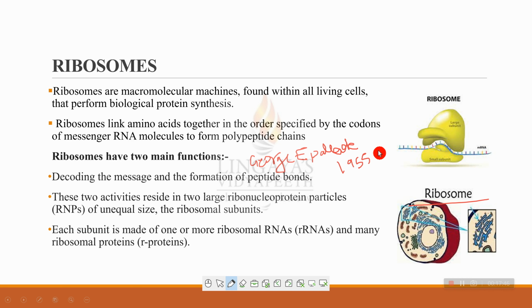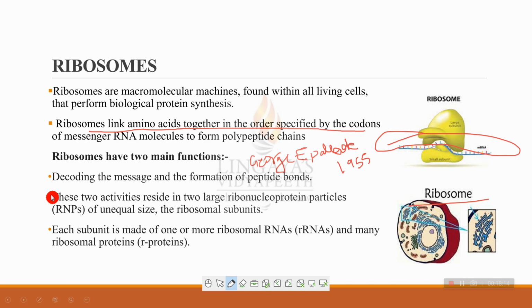Each ribosome has a large component and a small component that together form a single unit composed of several ribosomal RNA molecules and dozens of proteins. It links amino acids together in the order specified by the codons of mRNA to form polypeptide chains.